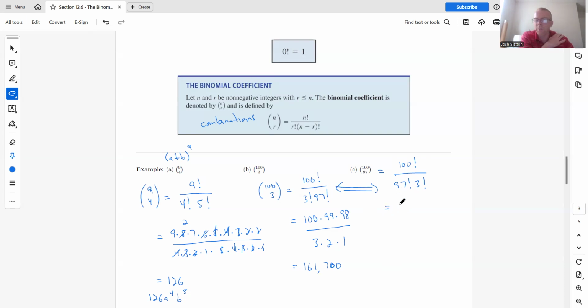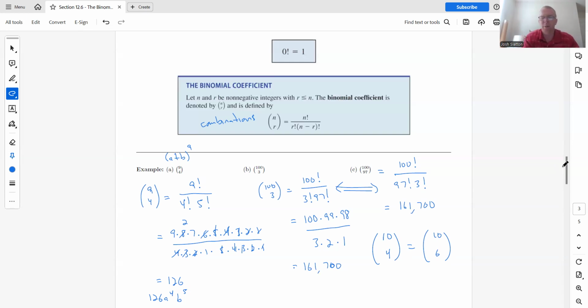And so obviously this will come up to the same answer as part B. So anytime that they mirror each other like this, so 97 plus 3 obviously equals 100, they will be the same. So for instance, pick another 10 choose 4. That would be the same as 10 choose 6. So when this number is the same and these two numbers add up to whatever n is, then they're going to be equal.